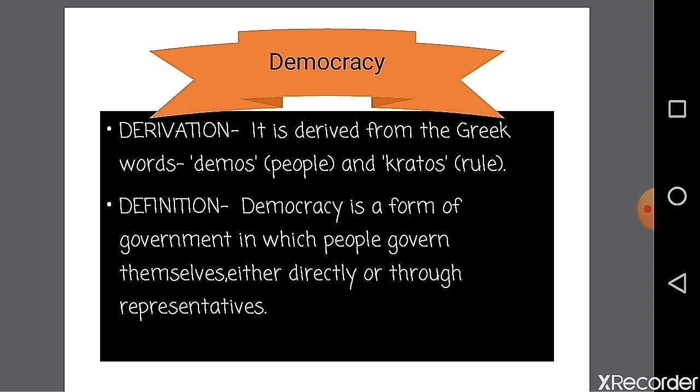Democracy is a form of government in which people govern themselves either directly or through representatives. Yes, in India we have a representative form of democracy. We elect our representatives and then those representatives govern the country on our behalf. I hope you got it.